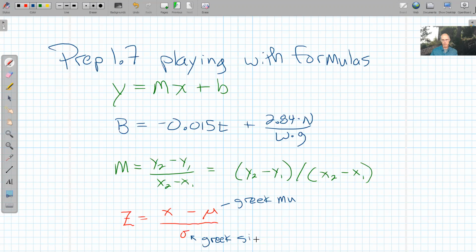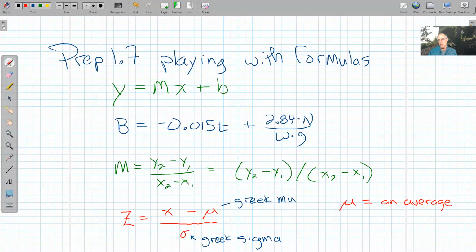Sometimes in different science classes and other places, instead of using letters from our alphabet, letters from other alphabets like Greek or Roman are thrown in there. In math classes, when the Greek letter mu comes up, it usually means an average, like average height, average age, average GPA.